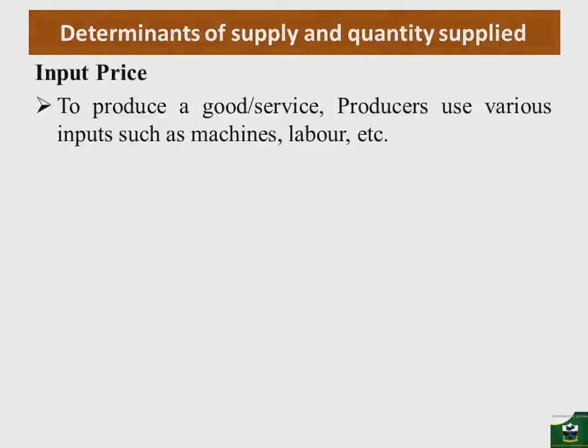The first one we look at is the input price. Now, to produce a good or service, producers use various inputs such as machines, labor, and so on. And if the prices of these machines, this labor, and all the inputs brought into the production process reduce, it means it has become cheaper for the firm to produce, and therefore supply will increase.